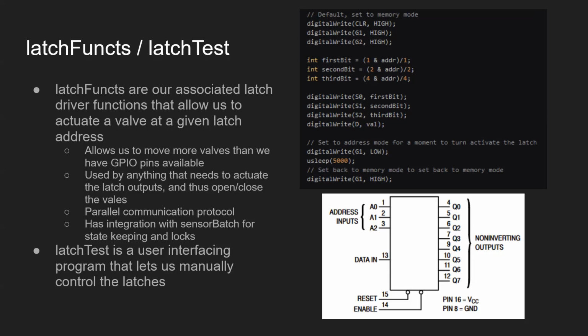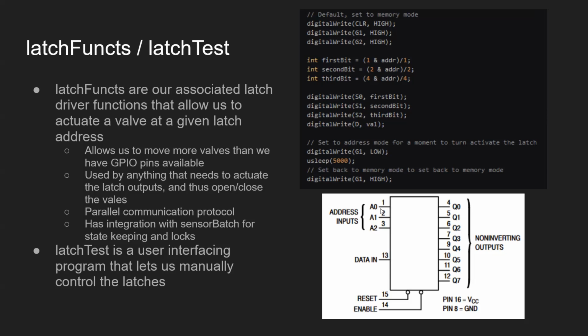The logic input. Here we have 3 address pins, then the data pin, and then enable, and we'll ignore reset for now. Basically, you disable the enable pin so that the output is not dependent on the input, and then you set the address. With 3 address pins, you can have up to 8 addresses, and this is simple binary.